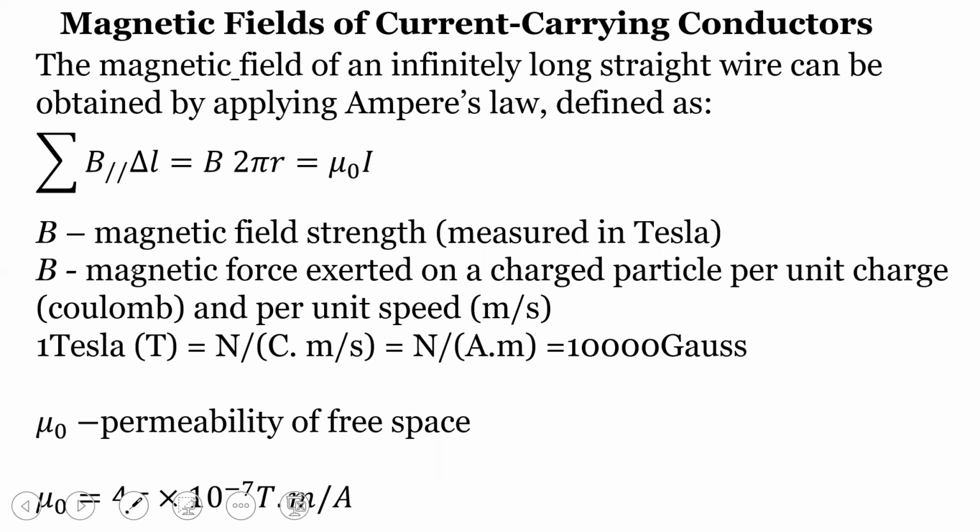When it's very long, there are some other effects that may happen at the edges of a wire, but those effects will be negligible compared to the effects you will find in between the edges of the wire.